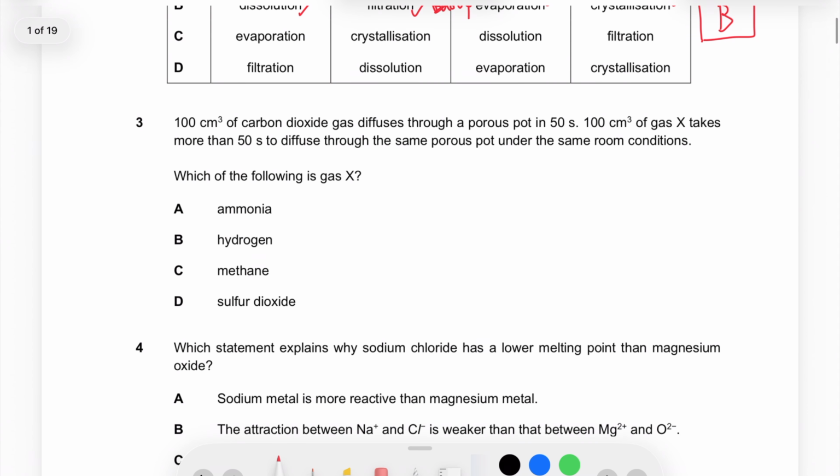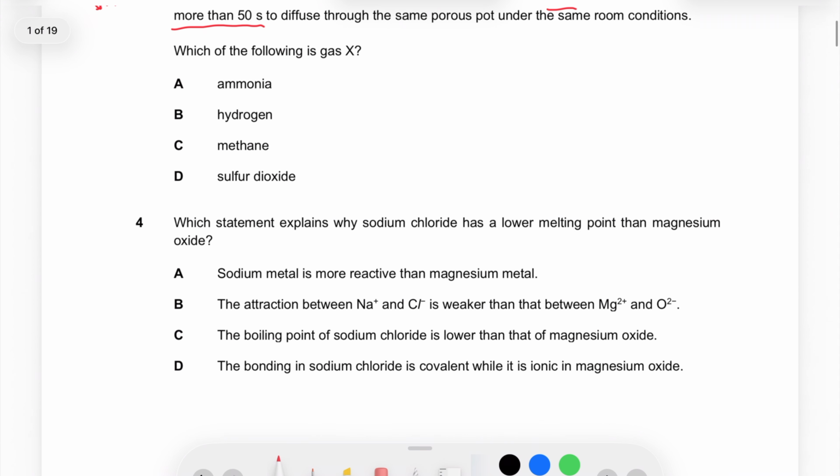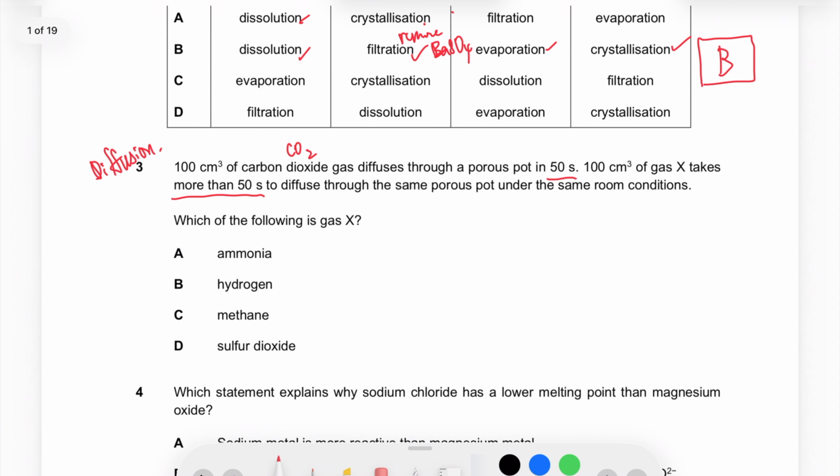Moving on, question 3. 100 cm³ of CO2 gas diffuses through a porous spot in 50 seconds. So this one is under diffusion, rate of diffusion. 100 cm³ of X, same volume, will take more than 50 seconds. If you take a look at CO2, the MR is actually 44.